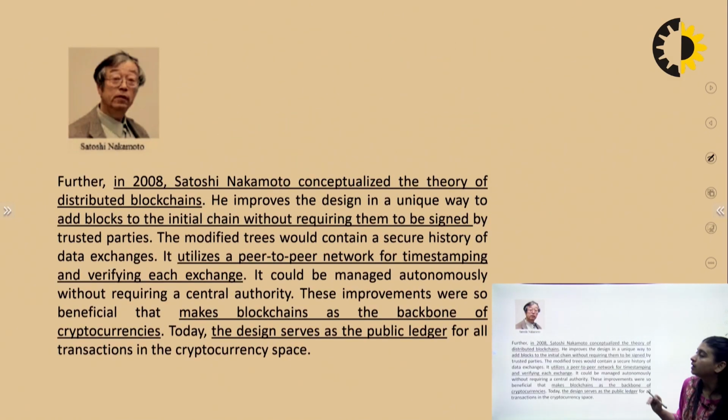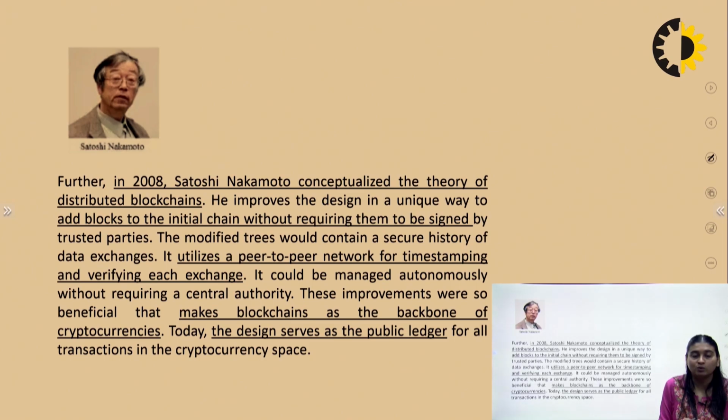Okay. Now, in 2008, Satoshi conceptualized the theory of distributed blockchain. We already know that blockchain is a distributed, decentralized technology. He improved the design to make it more efficient, adding blocks to the initial chain without requiring them to be signed by trusted parties.